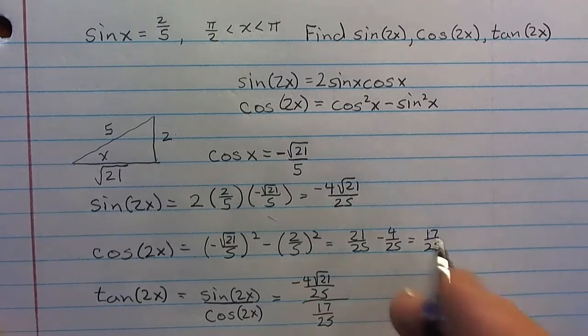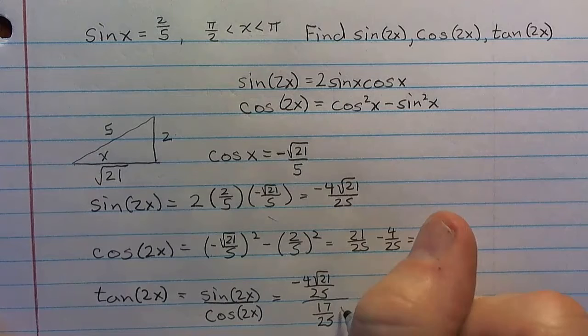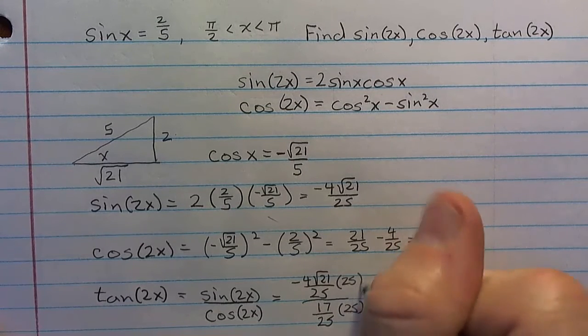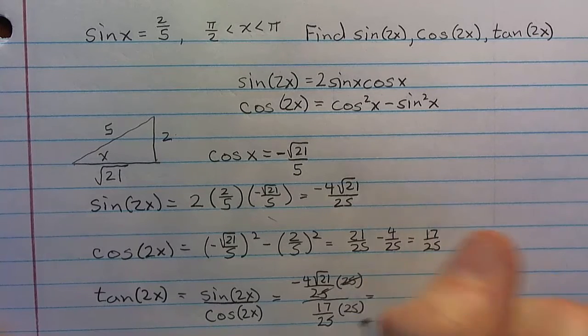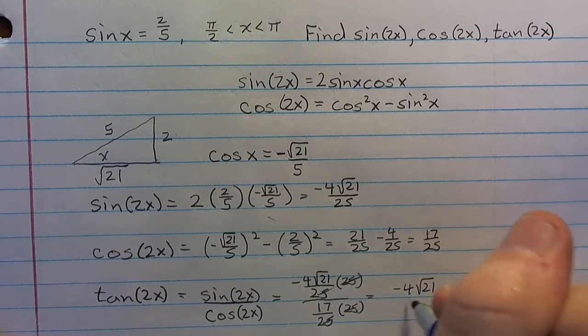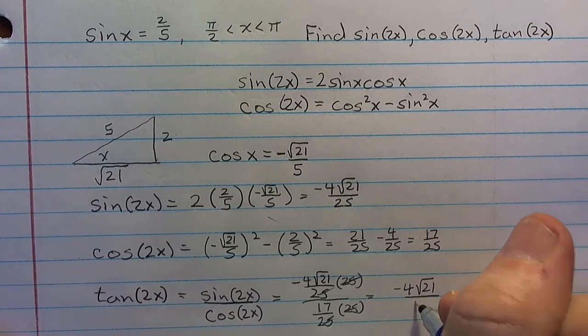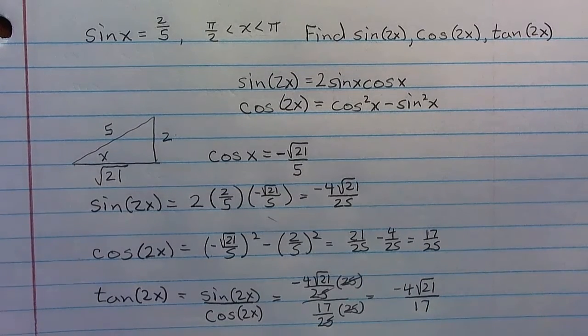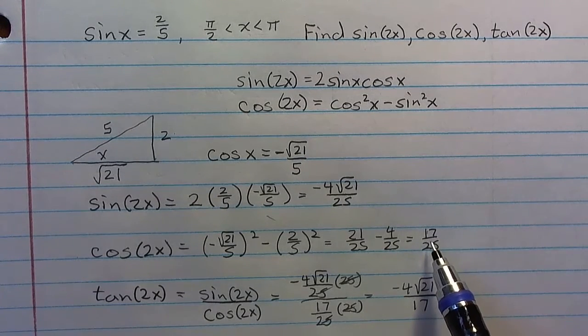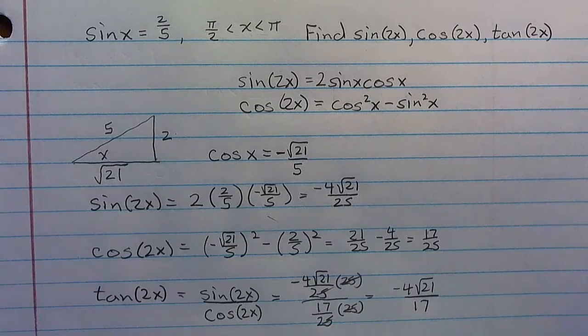Now we want to simplify this, and what I do is multiply by the extra denominator here. So they cancel, and I get negative 4 square roots of 21 over 17. There we have it. So we've got sine, cosine, and tangent.